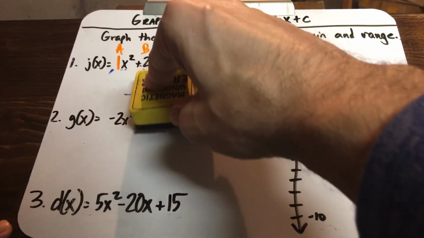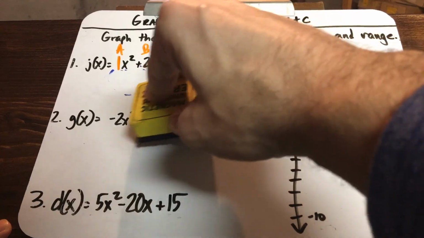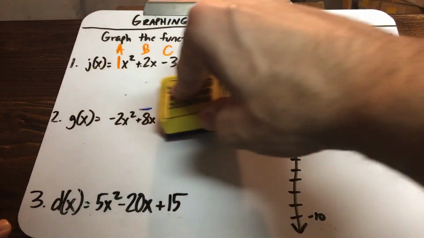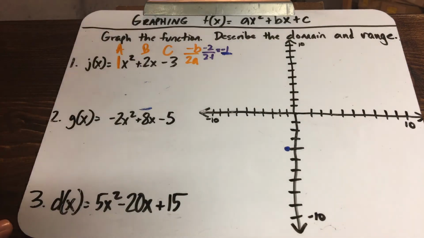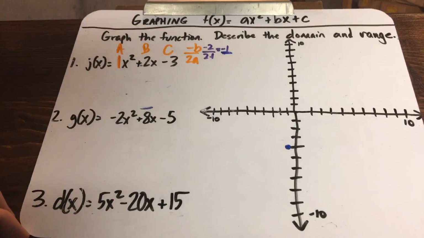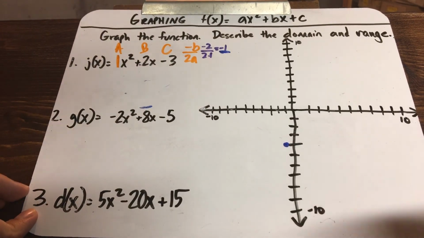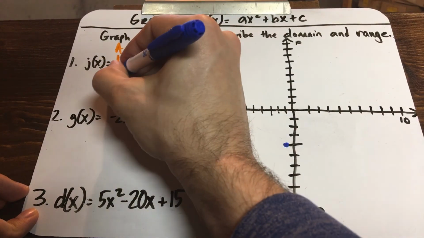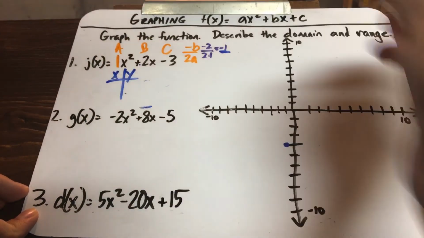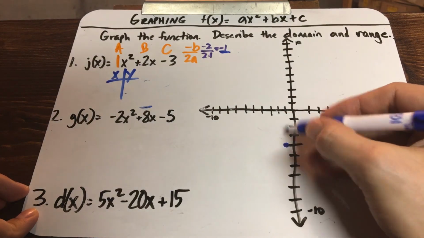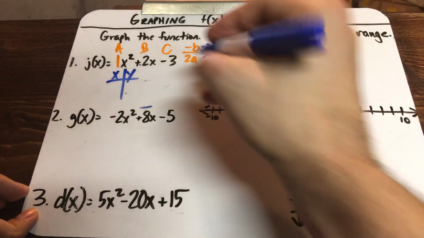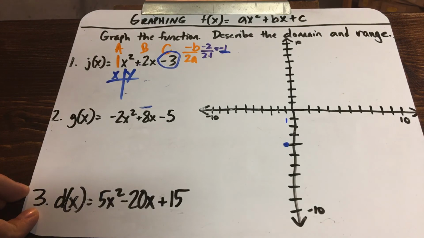Now, how do I get the rest of it, right? How do I do the rest of my points? Once you get the vertex, it kind of gives you a good starting point for your x and y table, right? If I want to make one of these x and y tables, I know negative 1 is going to be the middle. I also know this point right here, negative 3, that is the y-intercept.